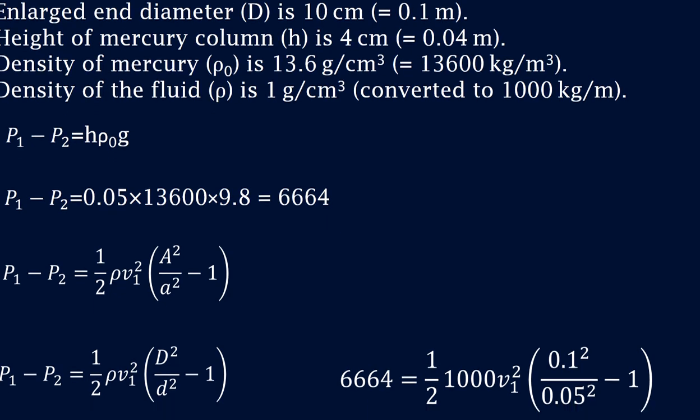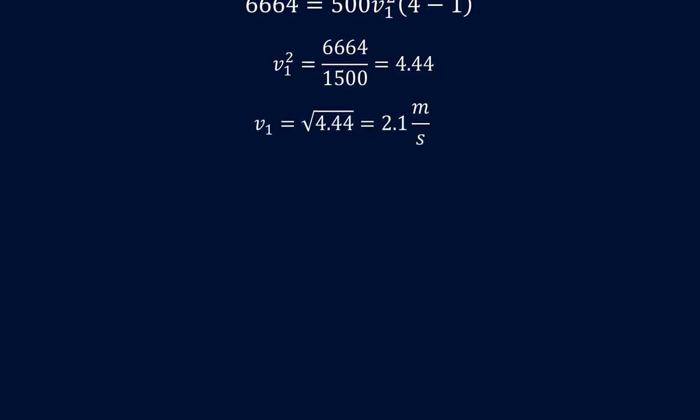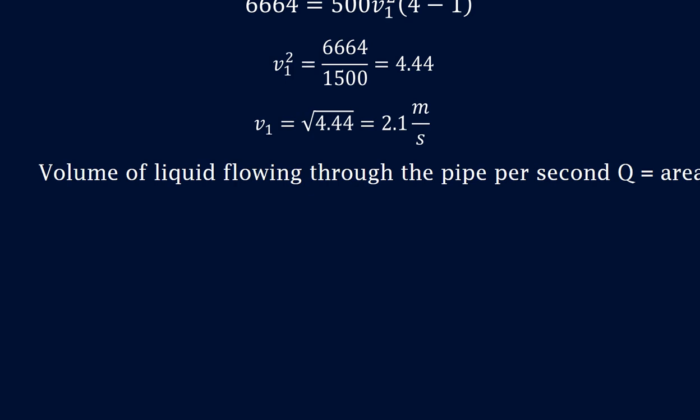On simplifying the equation, we get 6,664 = 500 V1^2 (4 - 1). On further simplifying, we get V1 = 2.1 meters per second. The volume of liquid flowing through the pipe per second is given by Q = area x V1.